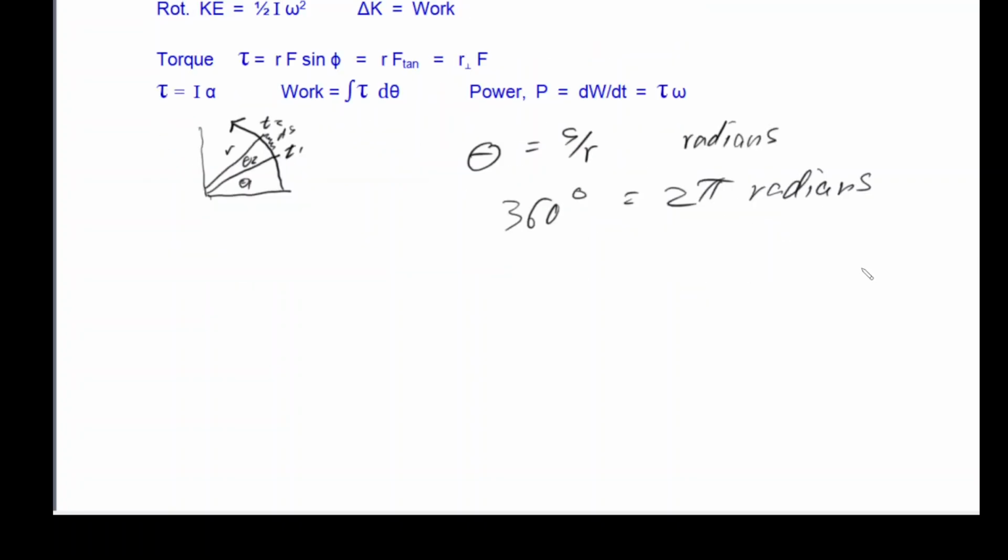So if we look at the change in the angle, which is equal to theta 2 minus theta 1, that becomes our angular displacement.